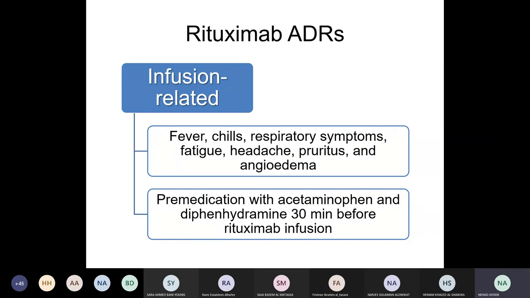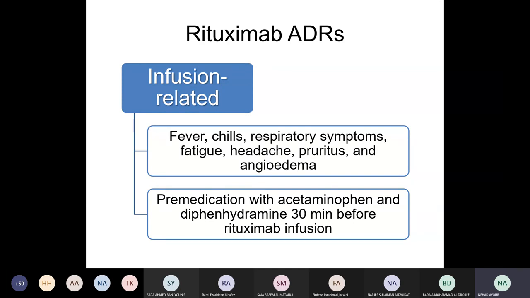The more we shorten the infusion time, the higher the risk of infusion related reactions. Sometimes the patient is in a hurry and says, I can't sit 4 or 5 hours in the hospital. Okay, you can just postpone, for example. But giving rituximab at a very short infusion time is not recommended. All the time we have to give the pre-medications. All the time we have to pre-treat with this package of drugs.